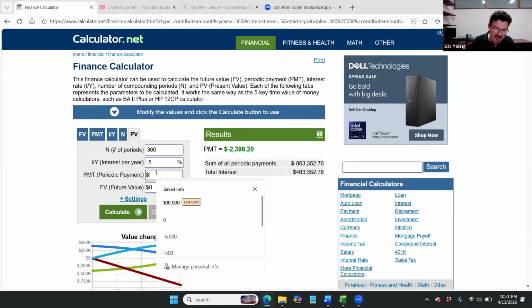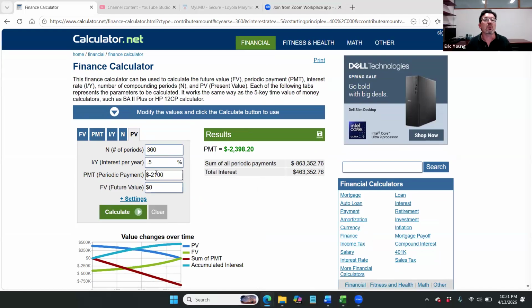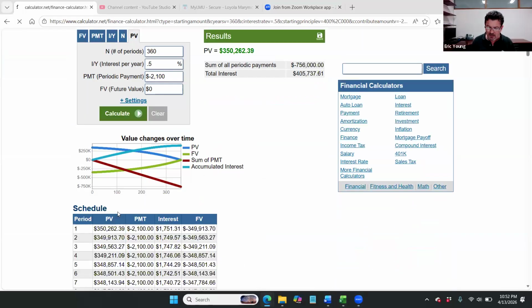We're going to make the PMT negative 2,100, because that's the amount that you determined you could safely afford and be comfortable cash-wise. And negative because when the PMT is leaving you, it's negative. We've got our 4. We solve for PV. Calculate it.